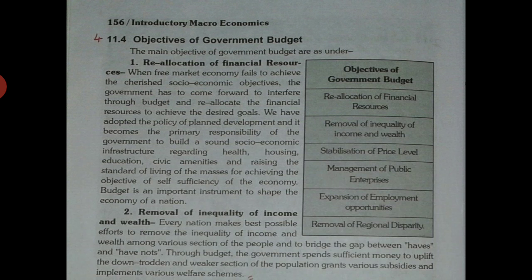So especially for the rural areas, the government makes some schemes and plans, and for the urban ones also, different schemes and infrastructure work are done by the government to give them employment.